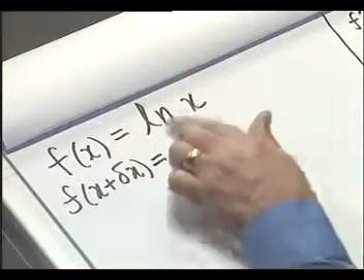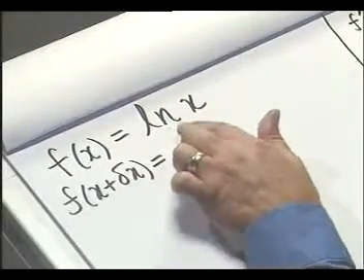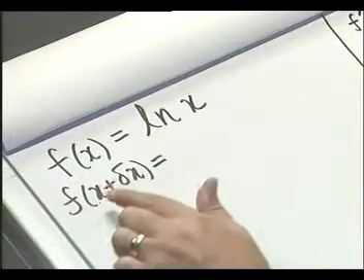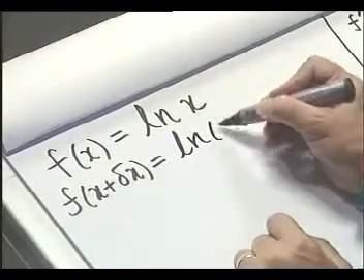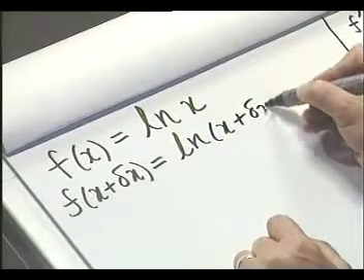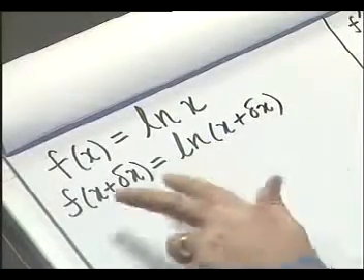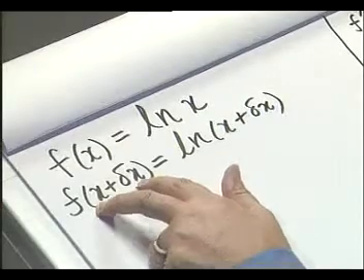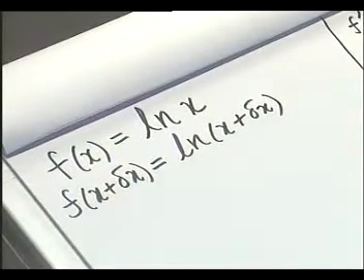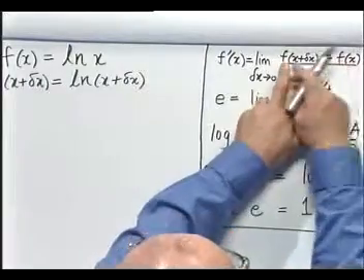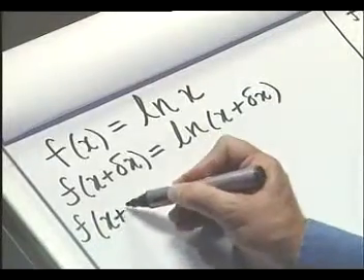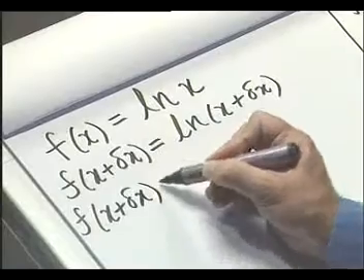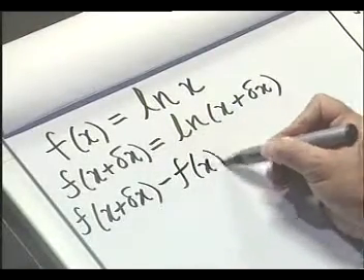Now remember, this function, the logarithm, takes the log of the input. So when the input is x plus delta x, the output will be the logarithm of x plus delta x. So now we've got f of x plus delta x, and we've got f of x. We can plug them into the top line of the formula. f of x plus delta x minus f of x.